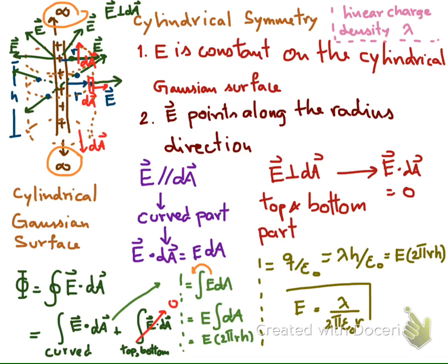This is the magnitude of the electric field at the point of our interest, and the direction points outward in the radial direction. So we finally calculate the electric field at this point.